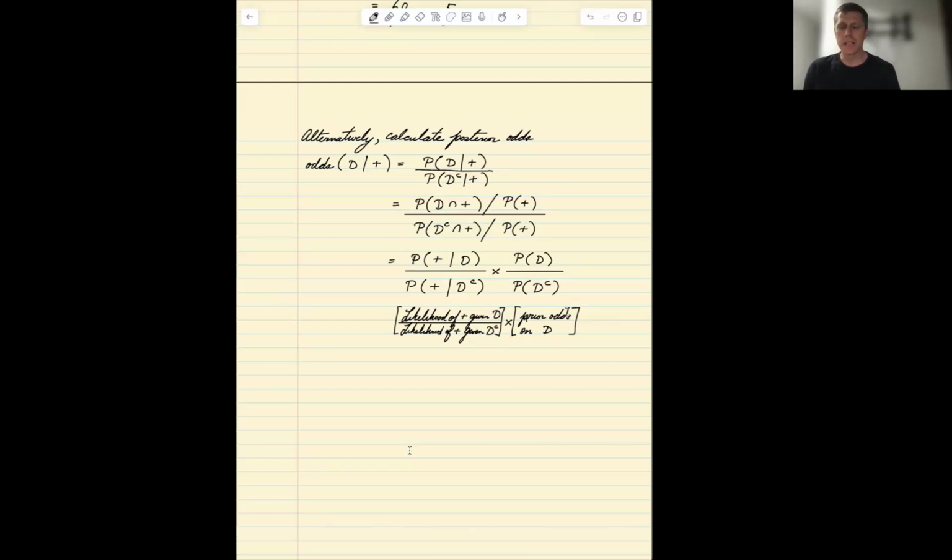So we can express the posterior odds on D as the prior odds updated by the likelihood ratio. So that's just a concept. We take the prior odds and we modify them based on the likelihood ratio, the likelihood of observing the positive test under the different scenarios. All right, next we're going to talk about Bayes' rule.